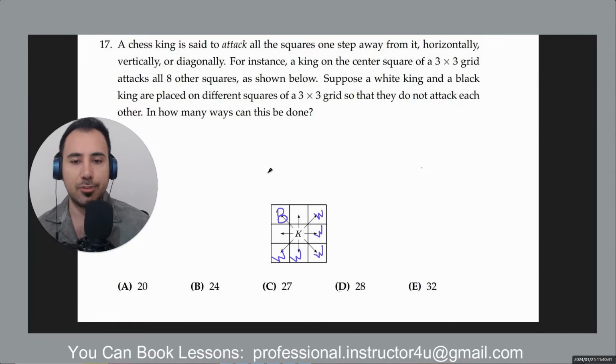So if B is on this corner, there are 5 positions. If I put B on another corner, again, 5 more. But if I happen to place one of the B's here in the middle of one row or column, then things would change.